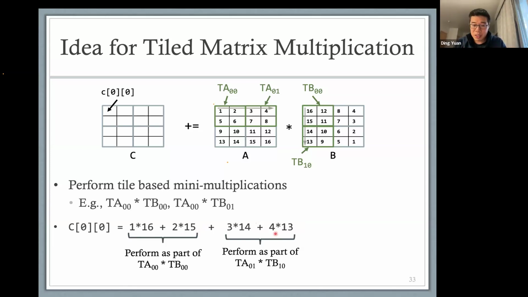We don't do it in this particular order. We first compute this part and compute these other parts later. Why do we compute this part later? This 14 and 13, 3 and 3, because we are visiting this small tile, these operations involve elements in this small tile and this small tile, so we do that later. We only do these parts now because they require elements from this tile and this tile. Then we move on to other Cs that require other elements from these two small tiles. That is the idea of reordering.